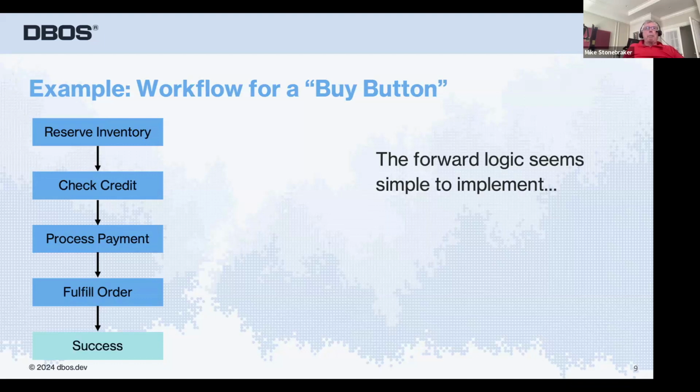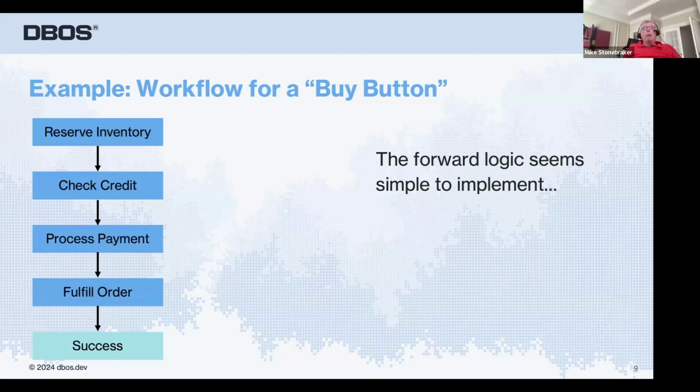So if I hit the buy button, I want to purchase 3 widgets. So the first thing that has to happen is I go off and attempt to reserve 3 widgets from inventory. So I need to put a hold on 3 widgets.